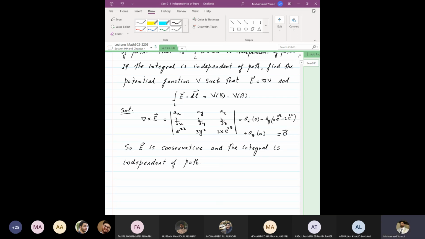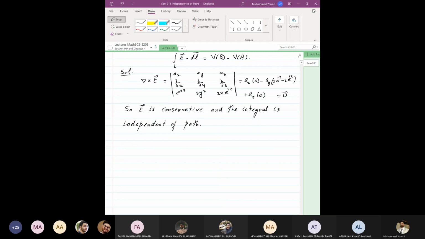Okay, so one part we have done. Part B, to find the potential function phi. Now, find the potential.